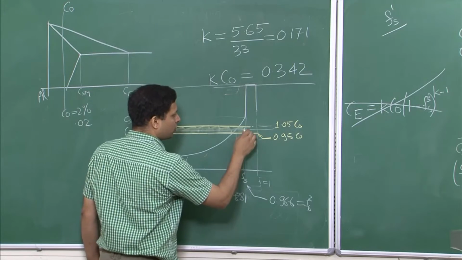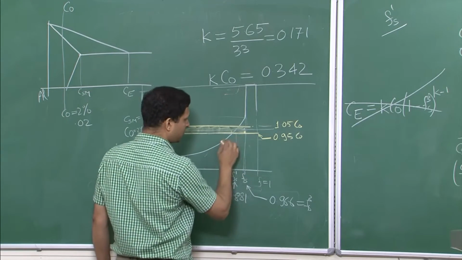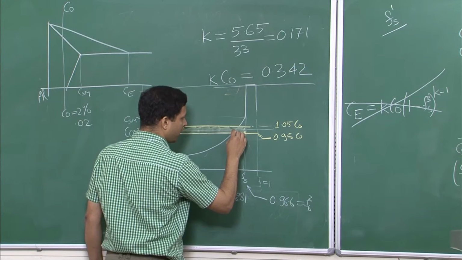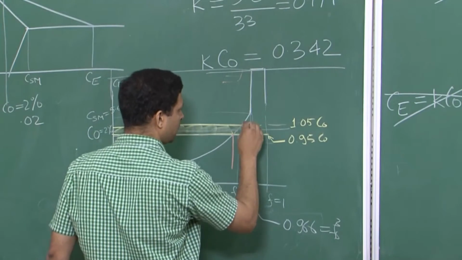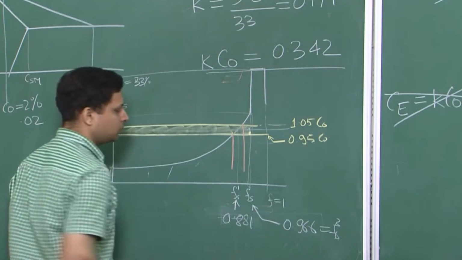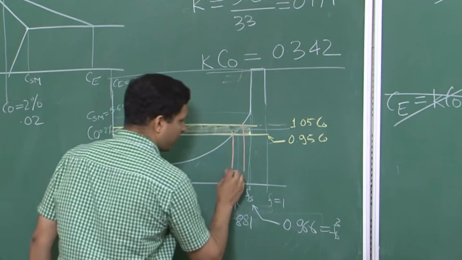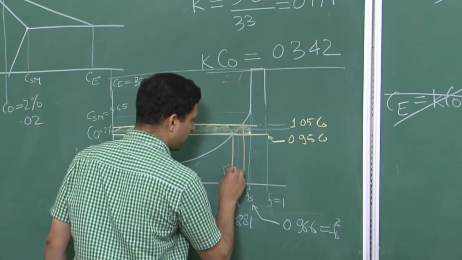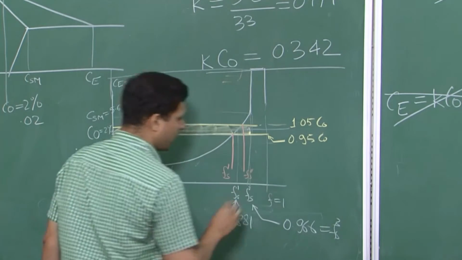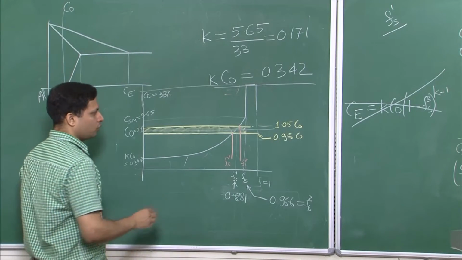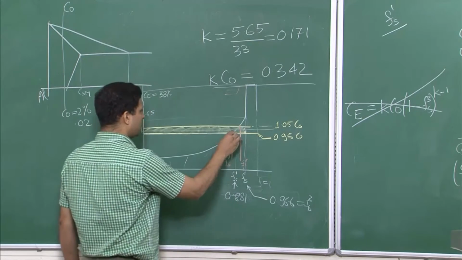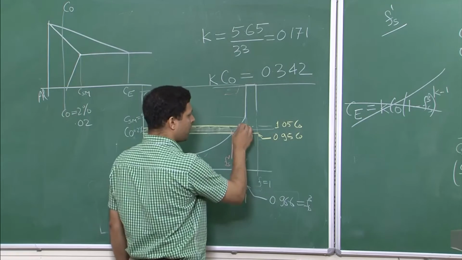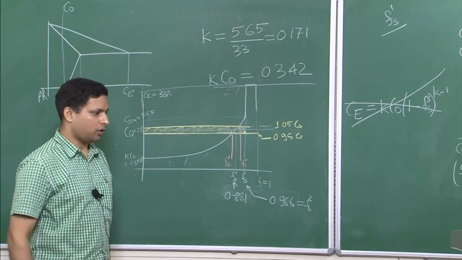So here is your C naught, and this is the solute concentration, which is continuously changing. Therefore what we need to find here is this Fs and this Fs. Let's call it Fs prime and Fs double prime. And what is the concentration at Fs prime? The concentration at Fs prime is 0.95 C naught. The concentration at Fs double prime is 1.05 C naught.